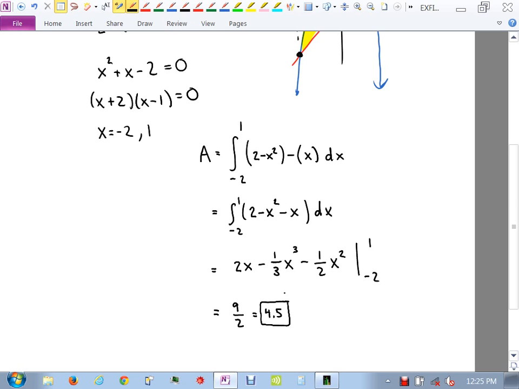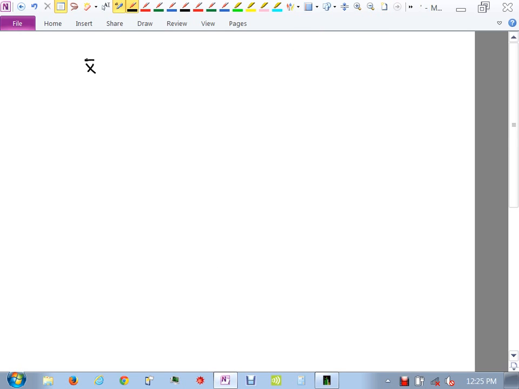Okay, so I'm going to go to a new page. X bar, by definition, was 1 divided by A, integral a to b, x, and then f of x minus g of x dx. So that's 1 divided by 4.5, or instead of 1 over 9/2, it's 2/9.